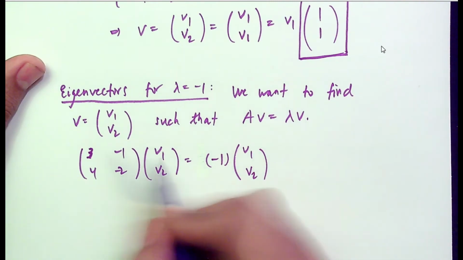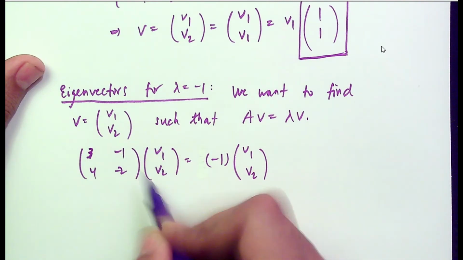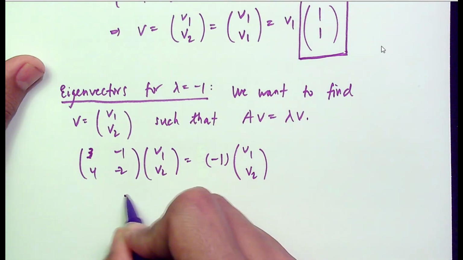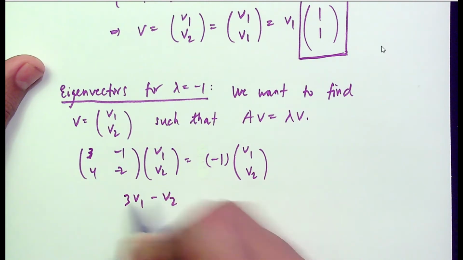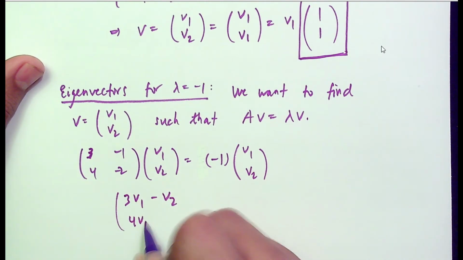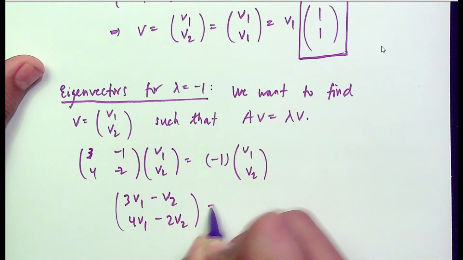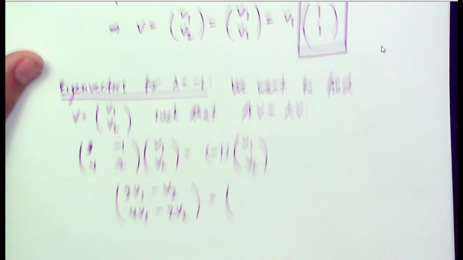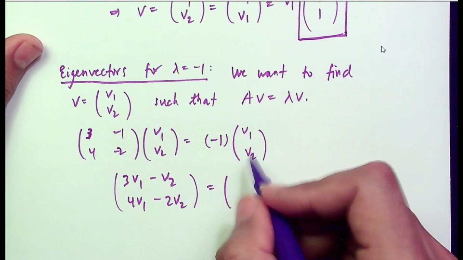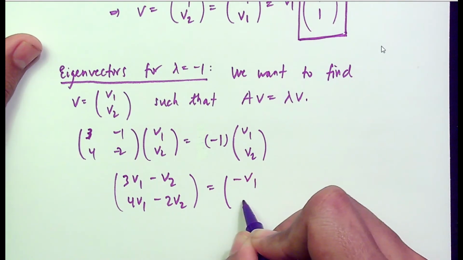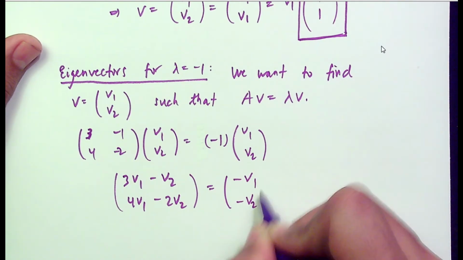Okay, now multiply this matrix by that vector. That's going to be 3v1 minus v2, 4v1 minus 2v2 equals, and multiply negative 1 by that vector, negative v1, negative v2.